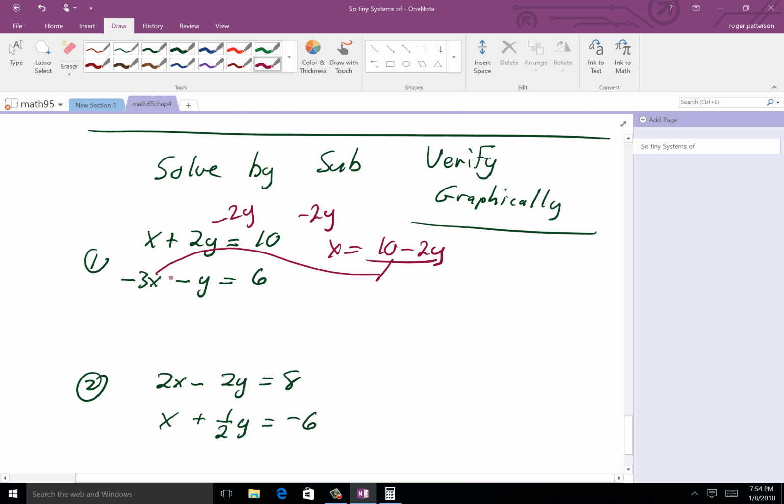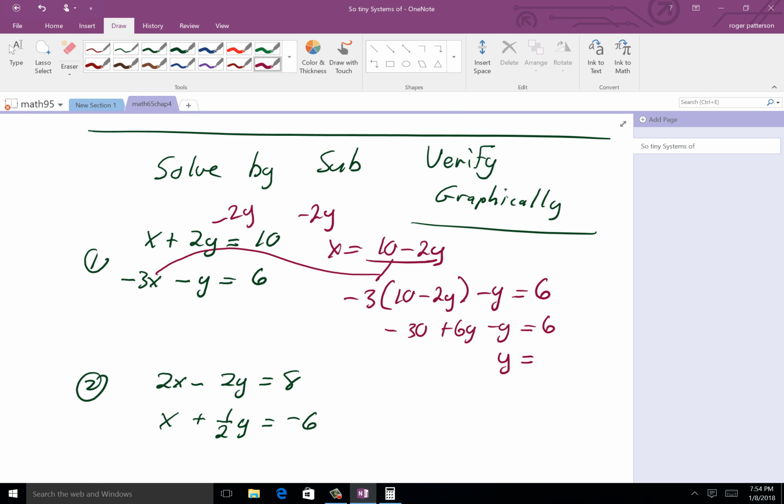Substitute that in, and we get negative 30 plus 6Y minus Y equals 6. So what does Y turn out to be? Anybody got it? 1.8. Is that right? Everybody gets 1.8?